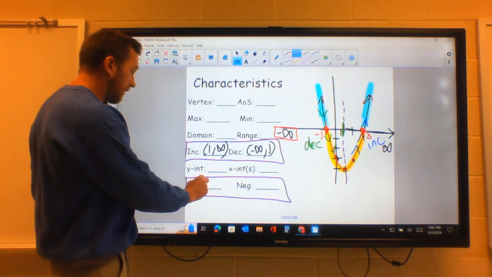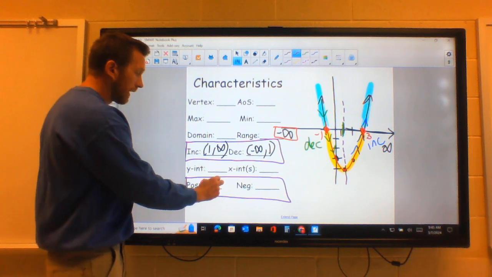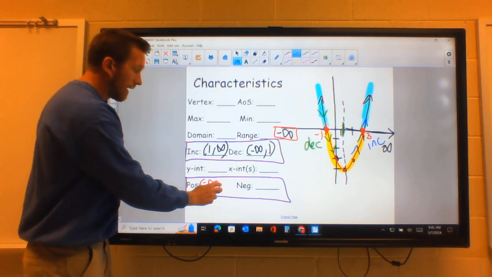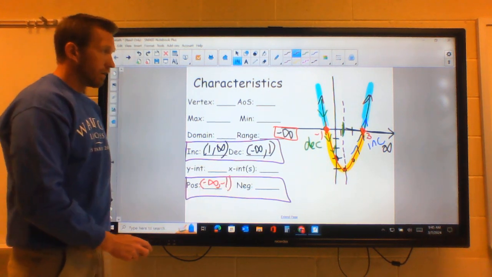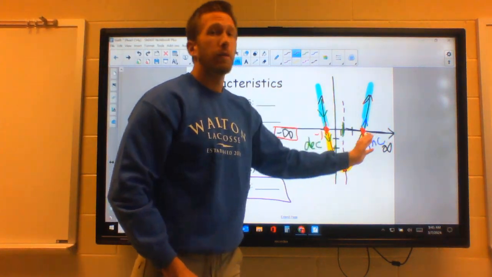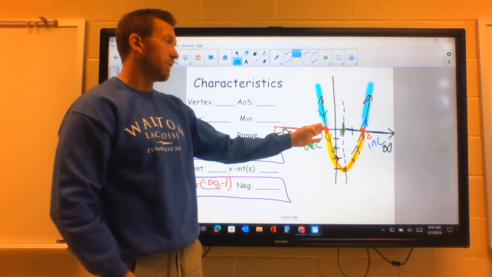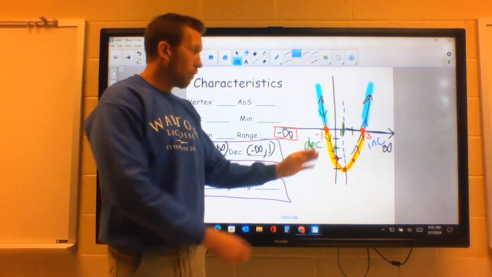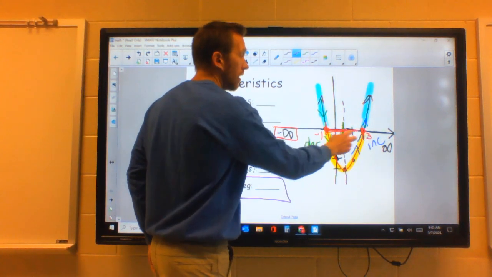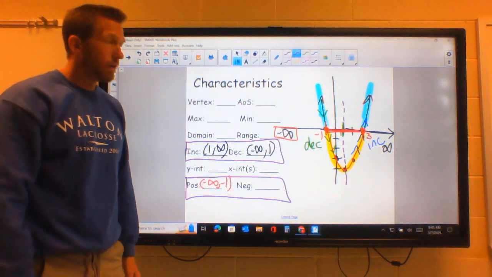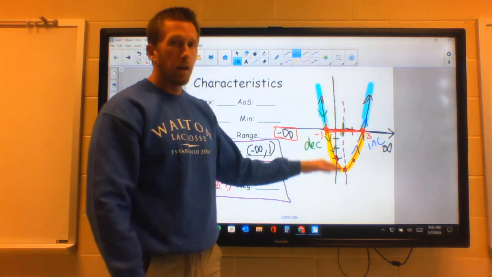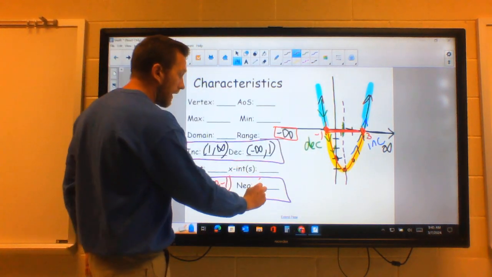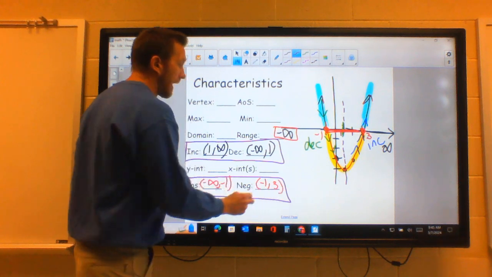So we have a positive region from the beginning of time, negative infinity, to negative 1. We're actually going to pick up with another positive region later. But now let's talk about what happens between negative 1 and 3. Over the x values of negative 1 to 3, we happen to have negative heights. And so our negative heights happen between these x locations.